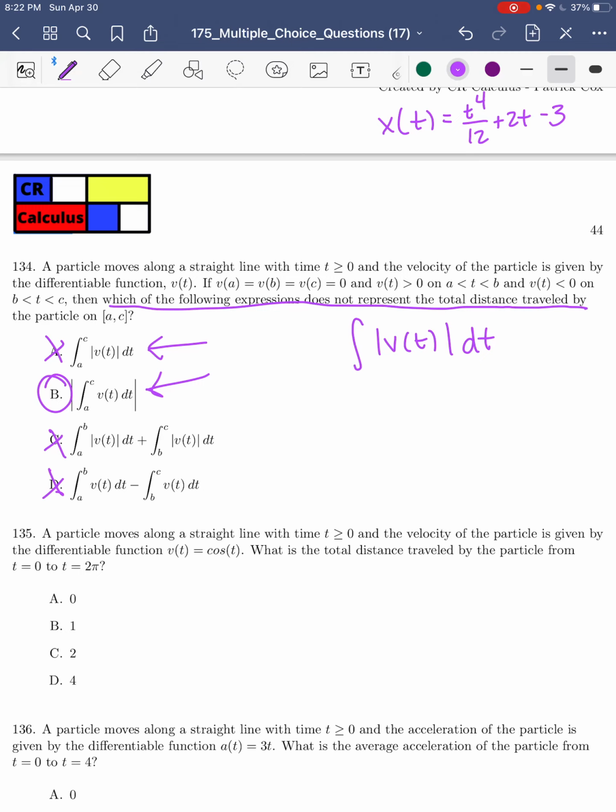All right, 135. So velocity is given by cosine. Total distance traveled from 0 to 2 pi. Total distance, remember, is absolute value. So I need the integral from 0 to 2 pi of absolute value of cosine t dt.